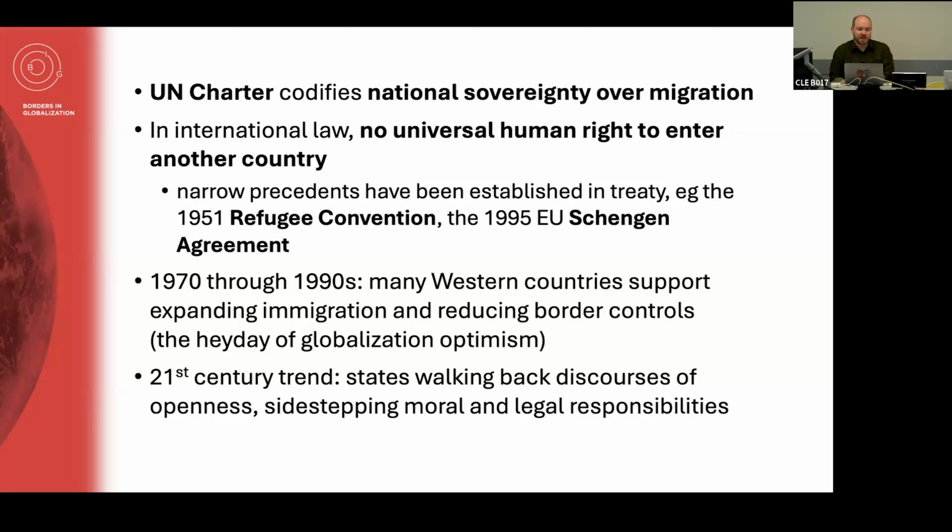Essentially, border controls have been lifted for human mobility in the region of the EU. And that's an example where, through treaty, countries become obligated to allow passage from one side to the other. But over and above that, the norm is that national sovereignty is the primary principle at work here.